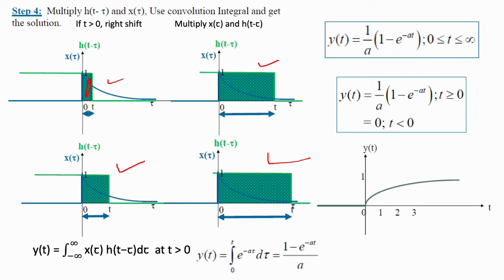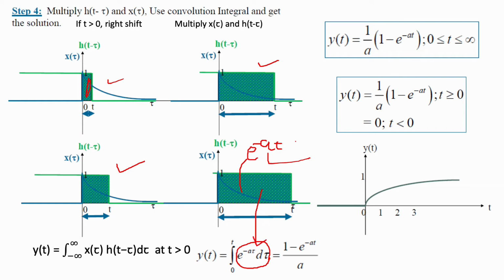The input signal is e power minus a tau, u of tau. U of tau is 1. So it is written here into d tau. This is the amplitude of the signal in the merged, that is overlapped, area.